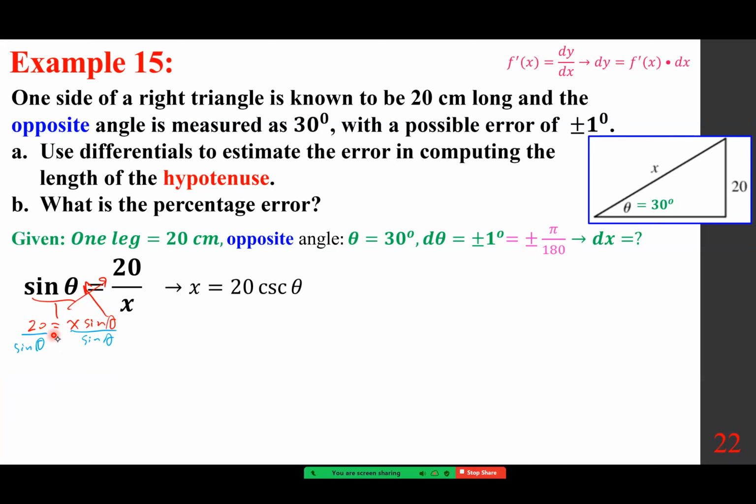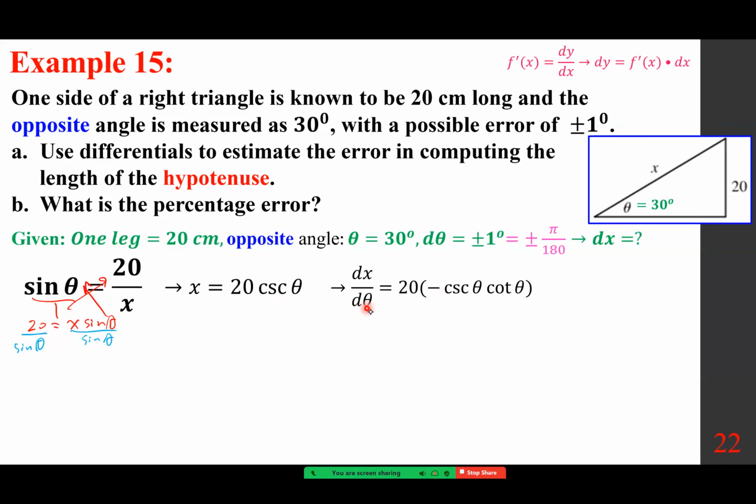And so you want dx, d theta. It's 20 cosecant theta, right? The derivative is minus cosecant theta cotangent theta. So dx d theta is 20 times minus cosecant theta cotangent theta. And what is dx?